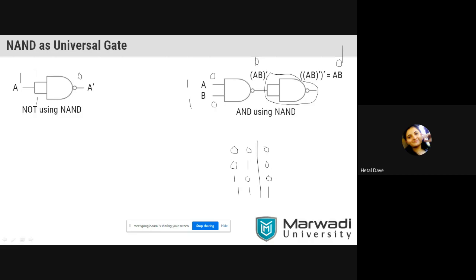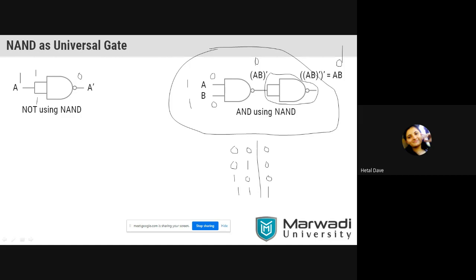Why? Because this circuit requires two NAND gates, and in one NAND gate IC you get a total of 4 NAND gates. So you can easily make this circuit using only one IC.